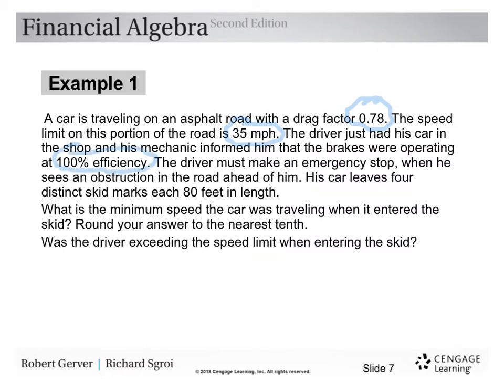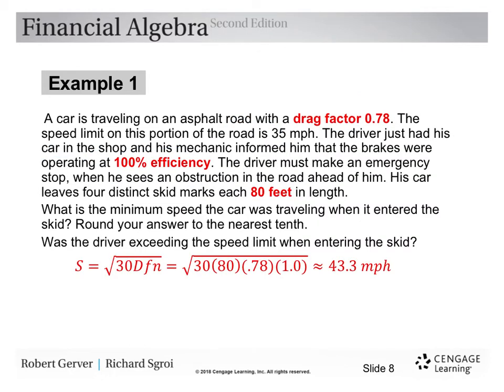The driver must make an emergency stop when he sees an obstruction in the road ahead of him. His car leaves 4 distinct skid marks, each 80 feet in length. What is the minimum speed the car was traveling when it entered the skid? Round your answer to the nearest tenth. And then lastly, was the driver exceeding the speed limit when entering the skid?